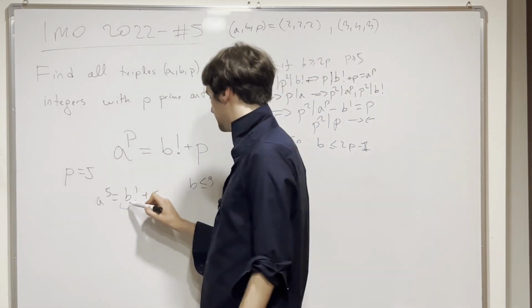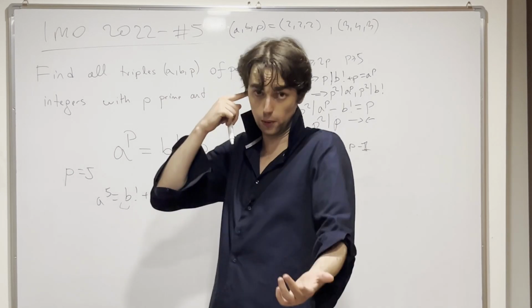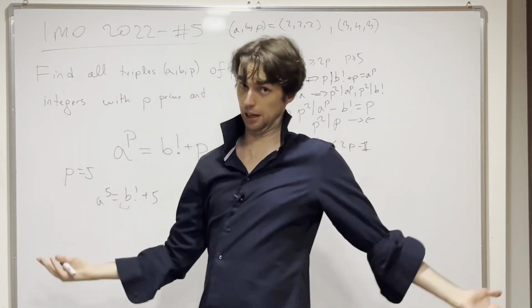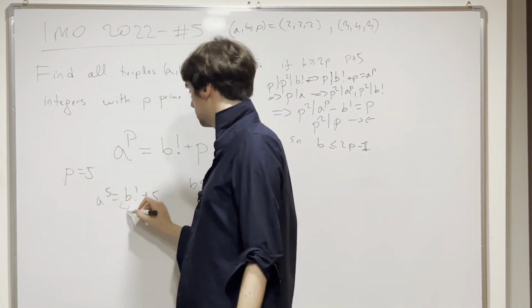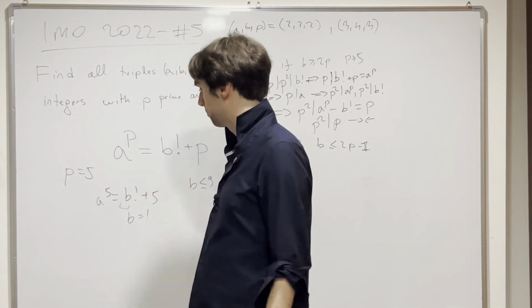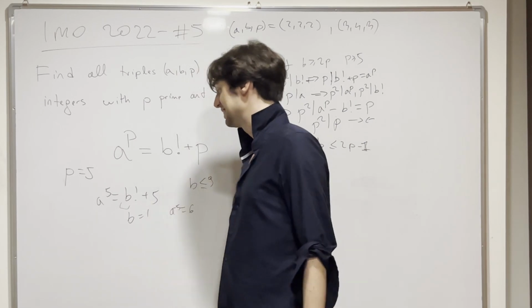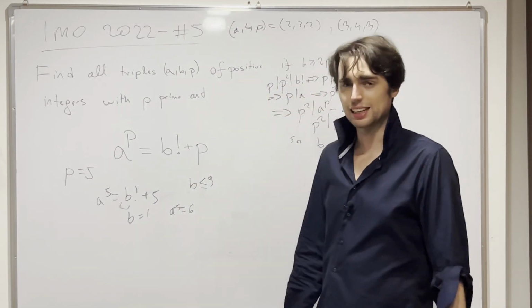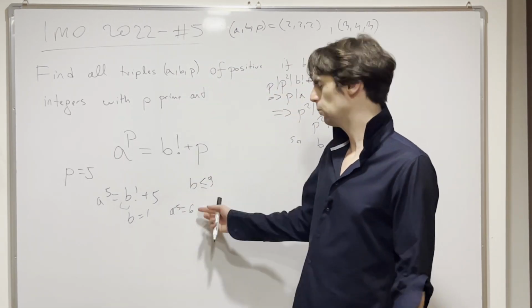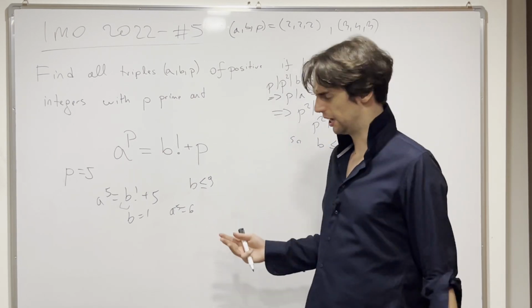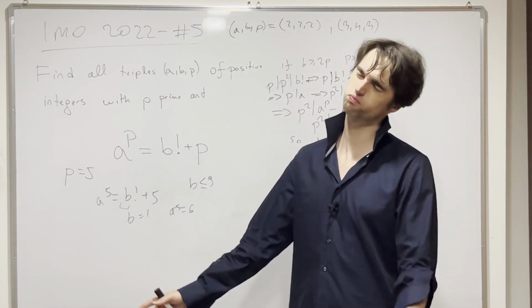Say we do know how to solve this. I'm not so sure. So let us try b is 1. What happens? A to the 5th is 6. Hey, it's just not working out. But why? Let's think about why. It's small.